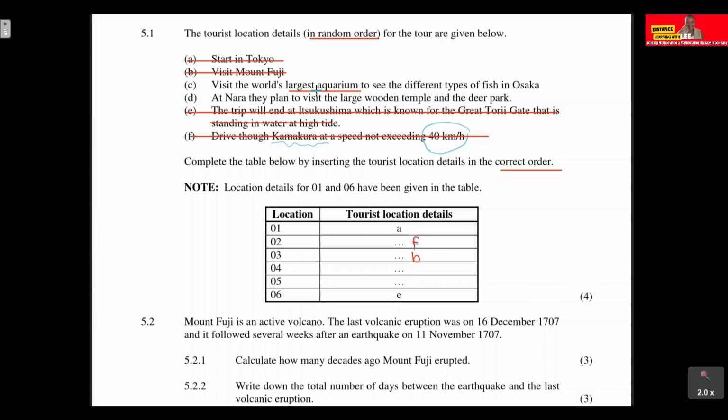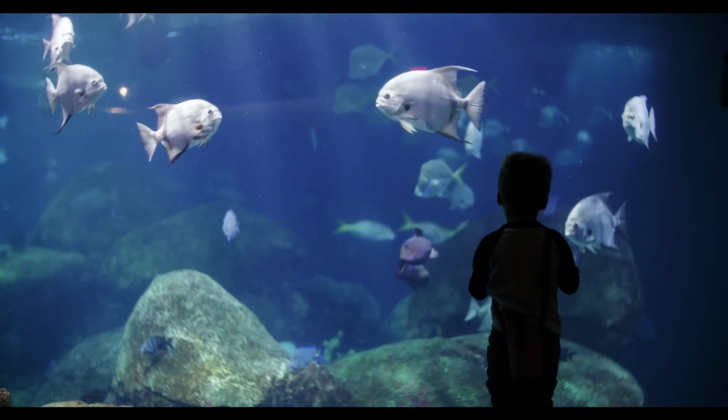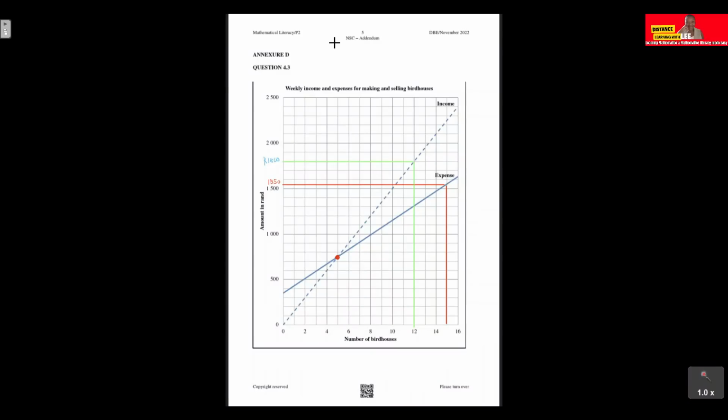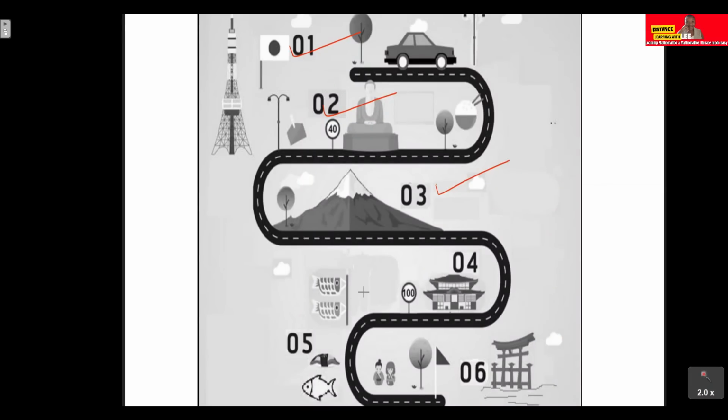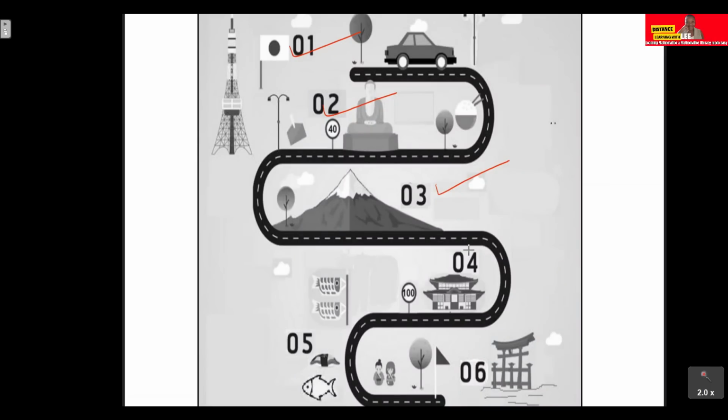Number 4 is definitely not an aquarium, guys. An aquarium is a place that you go to see different types of fish. So number 4 is definitely not that. But C is number 5, because at number 5 we see fish, which indicates you're going to an aquarium.